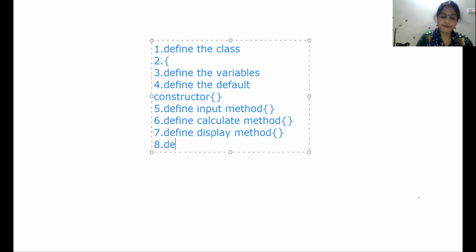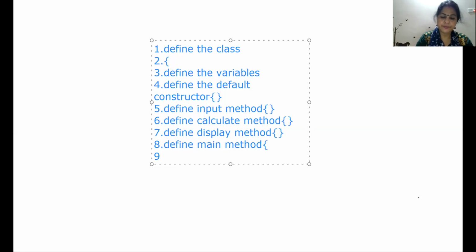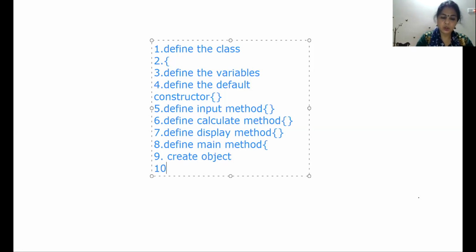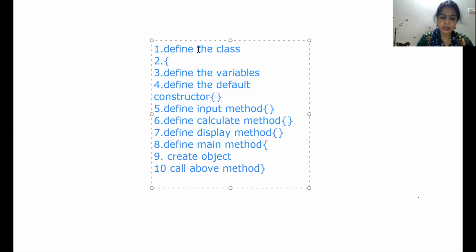Eighth, define the main method, with curly braces. Ninth, create the object. Tenth, call all the above methods. Then end the main method, and eleventh, end the class.